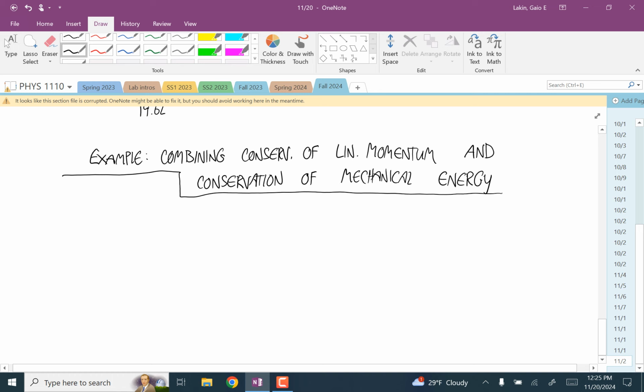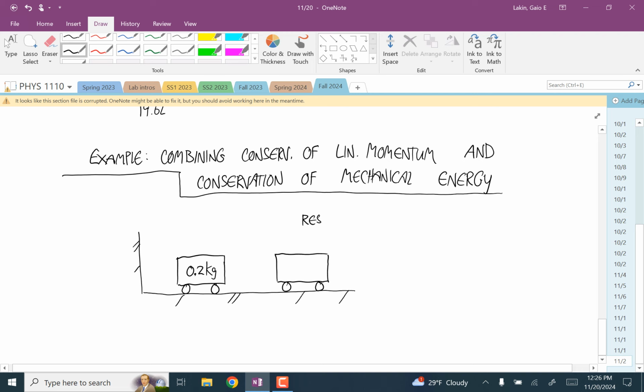So let's say we have a cart here with a mass of 0.2 kilograms. And a cart here that's initially at rest.